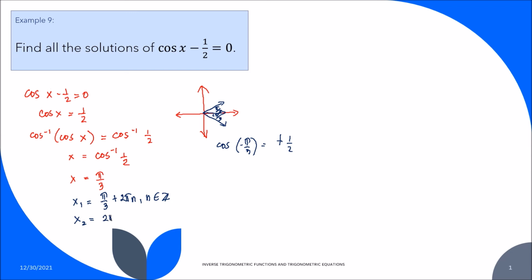So we have 2 pi minus pi over 3, plus 2 pi n. Simplifying that, we will have 5/3 pi plus 2 pi n, where n is the set of integers.